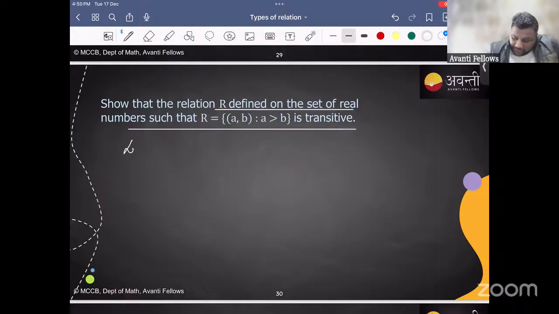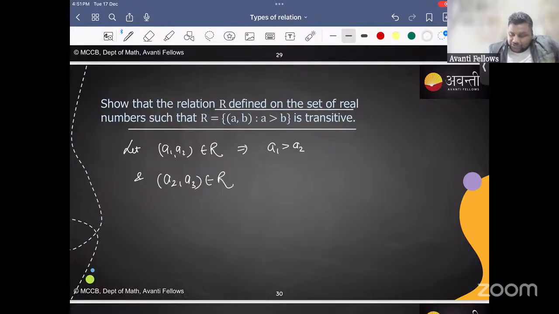Let (a1, a2) belong to the relation, which implies a1 is more than a2, and (a2, a3) belongs to the relation, which implies a2 is more than a3. From these two, we can directly conclude that a1 is more than a3. That implies (a1, a3) will also belong to the relation.